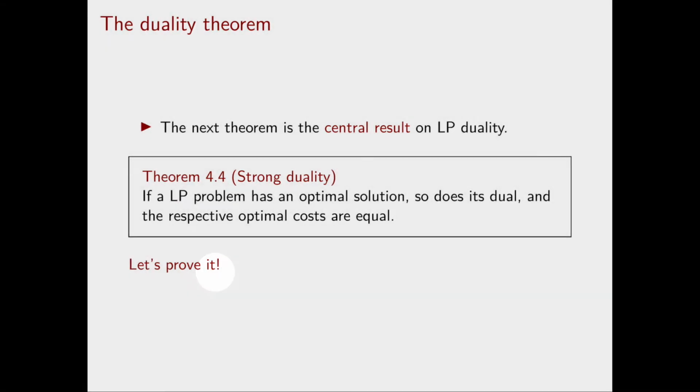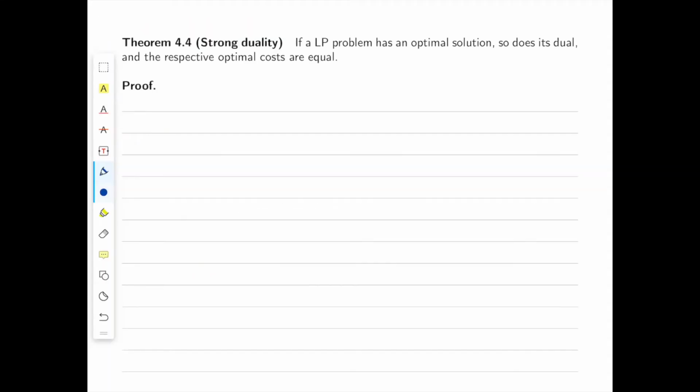Now let's prove our strong duality theorem. In order to prove strong duality, we're going to use two separate steps. In the first one, we're going to use the simplex method. And in order to use it, we need to assume that our linear programming problem is in standard form, that there exists an optimal solution, and that the rows of A are linearly independent. Then, in the second step, we're going to prove it for any linear programming problem by transforming it to an equivalent problem with the properties that we have just discussed.